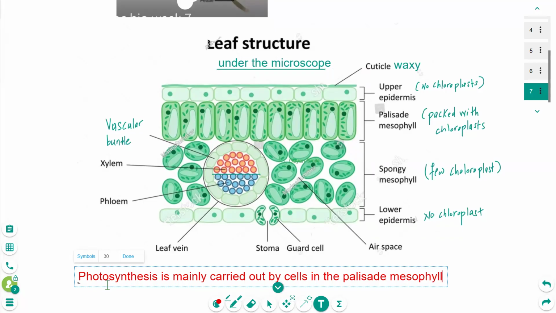Photosynthesis is mainly carried out by cells in the palisade mesophyll layer.